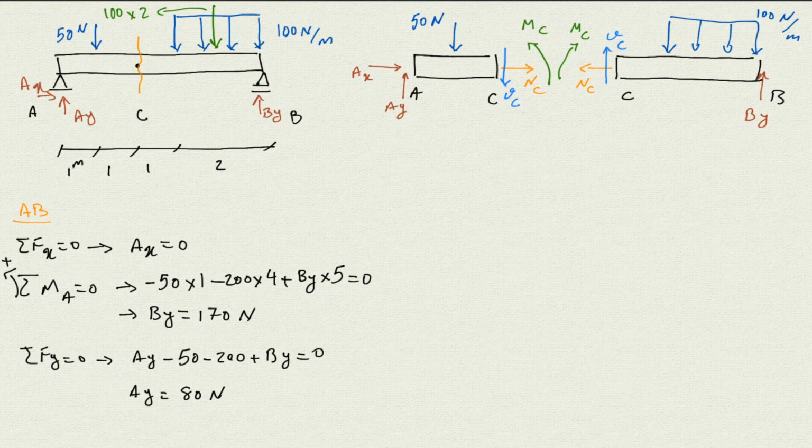We can do it with either of them. Sometimes we need to do that for both sections. So if we go ahead with section AC, we write sigma Fx is 0, sigma Fy is 0, and sigma M is 0.